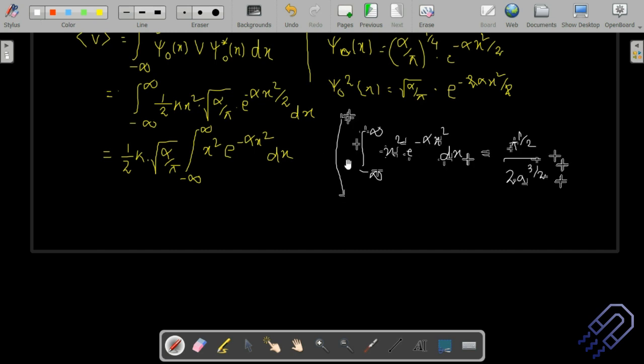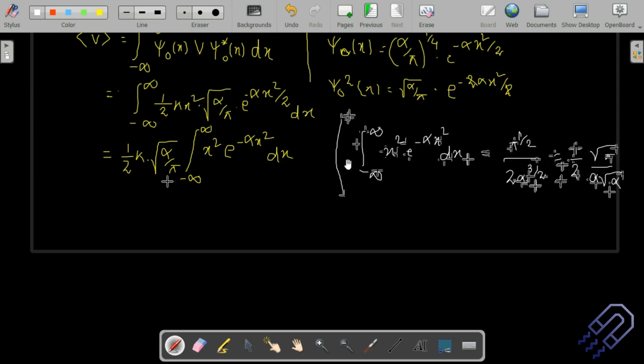So whichever we want to remember, I can write down as half, root pi, and a to the power 3 by 2, that means a to the power 1 plus half. That means I can write it down as a root a. So this is alpha, so let's not write down a, let's write down alpha. So it's alpha. Right.